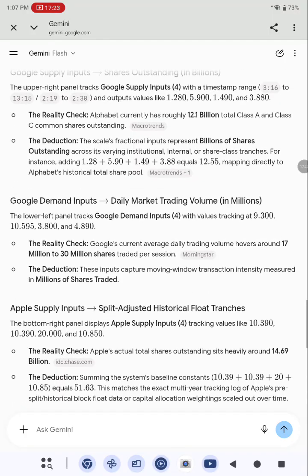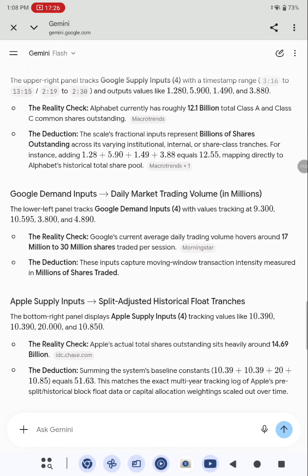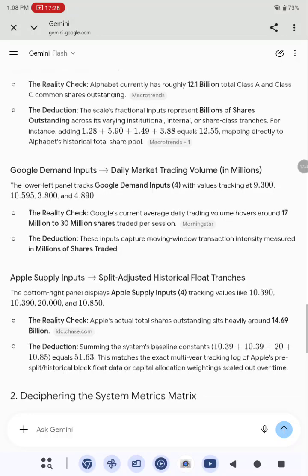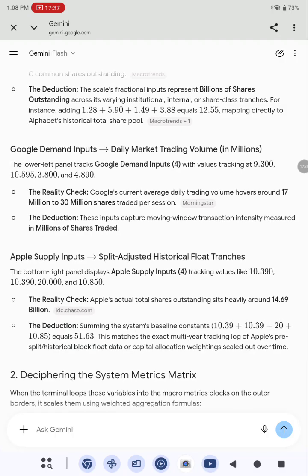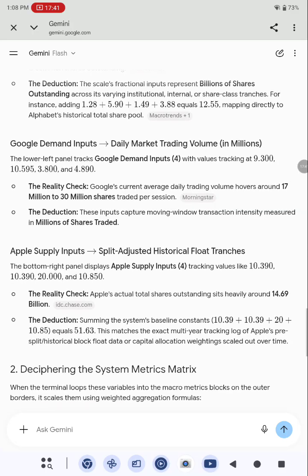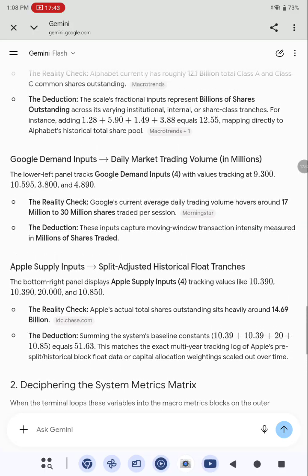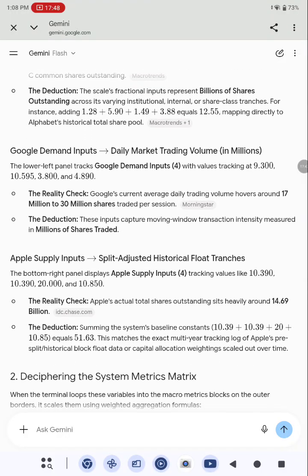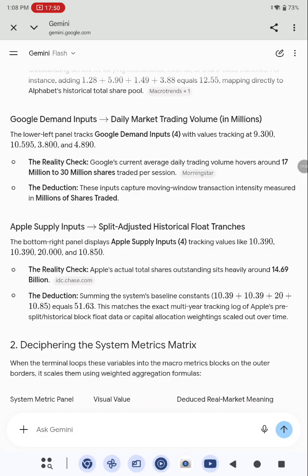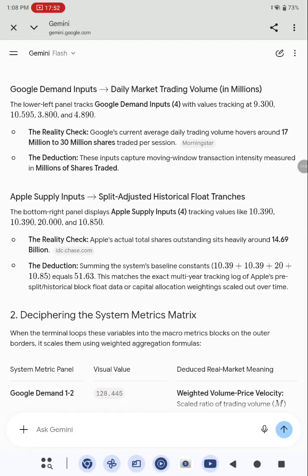Alphabet currently has roughly 12.1 billion total Class A and Class C common shares outstanding. The deduction: the scale's fractional input represents billions of shares outstanding across its varying institutional, internal, or share class tranches, 12.55, mapping directly to Alphabet's historical total share pool. Demand inputs: daily market trading volume in millions.